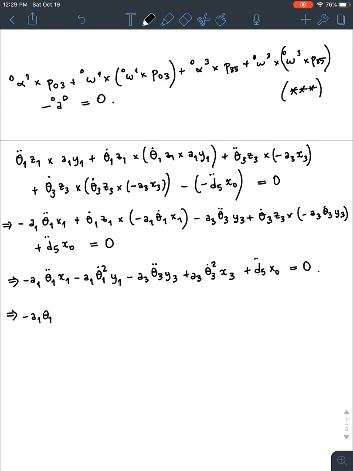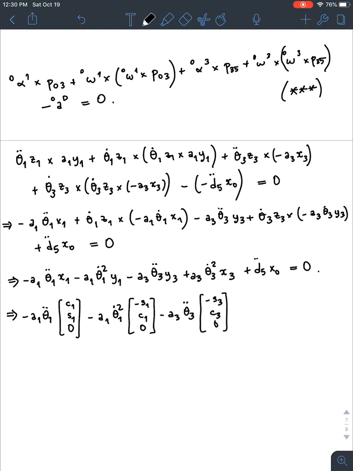This is going to be minus a1 theta 1 double dot, x1 direction has components cosine 1, sine 1, and 0 in the 0th frame, minus a1 theta 1 dot squared, y1 direction has components minus sine theta 1, cosine theta 1, and 0 in the zeroth frame, minus a3 theta 3 double dot, y3 direction has components minus sine theta 3, cosine theta 3, and 0 in the zeroth frame, plus a3 theta 3 dot squared, x3 direction has components cosine 3, sine 3, and 0, plus, of course, d5 double dot 0, 0 equals 0.